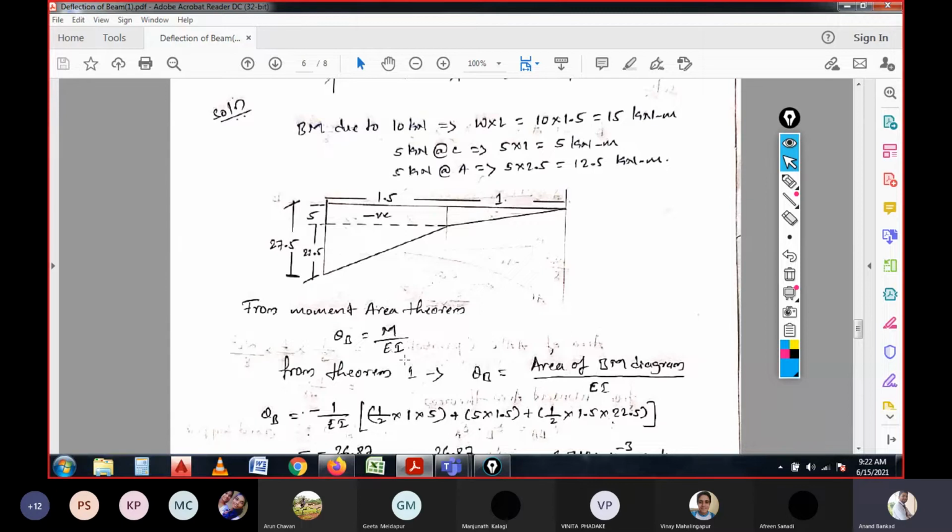That is what you must remember, and you must understand what theorem number 1 is, which defines the slope. So that is what theta B is equal to M by EI.